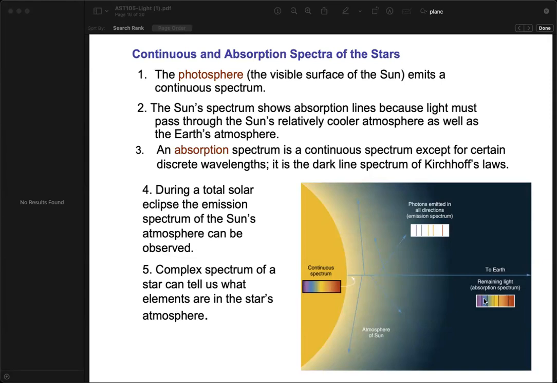And so it produces the remaining light, the absorption spectrum, as you will see on the right-hand side of the diagram. And then as it is coming to the Earth, it passes through the Earth's atmosphere before getting to the telescopes. And so lots of dark lines are introduced, and we analyze those dark lines to figure out what is present on the sun and what is present in the Earth's atmosphere.